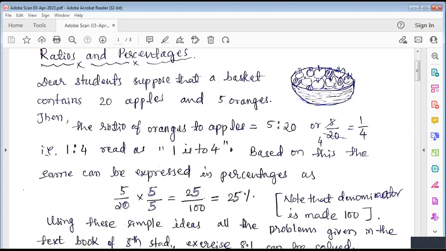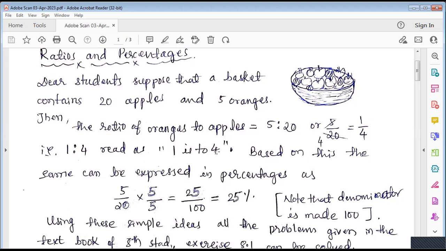This 1/4 is read as 1:4. That means, the meaning of 1:4 here is that for one orange, there are 4 apples. In this way, we are comparing the quantities present in a container.